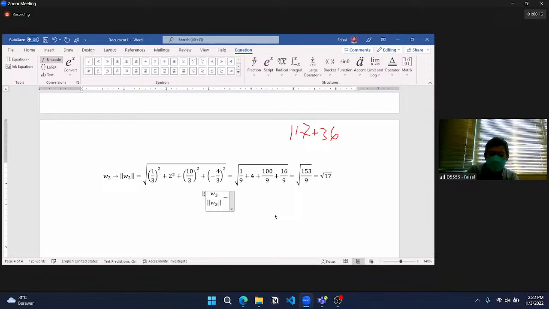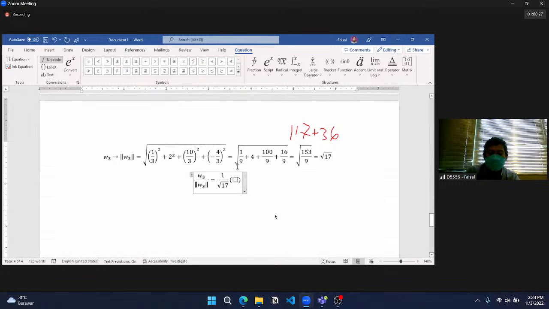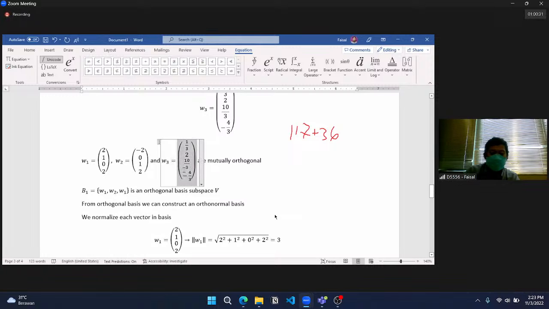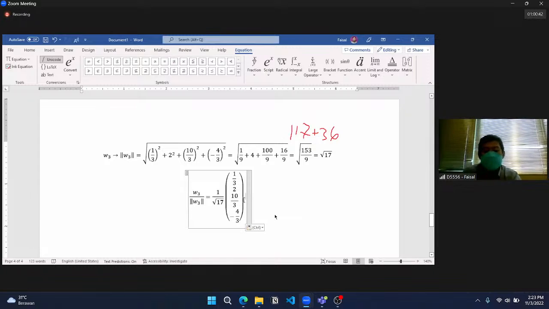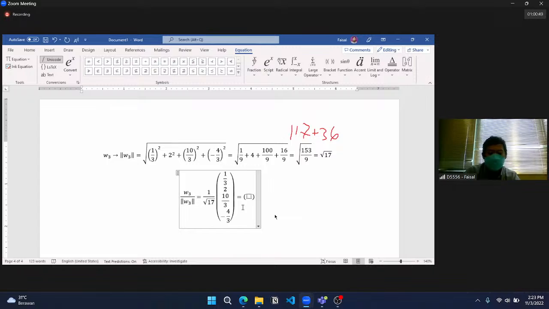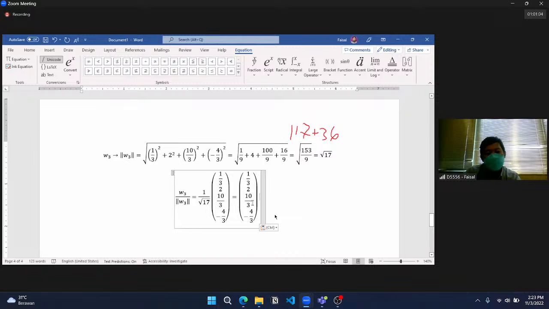This is equal to 1 over the square root of 17 times W3.